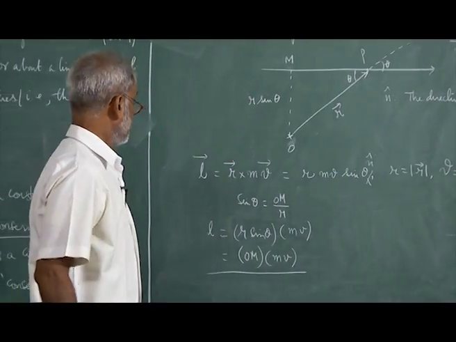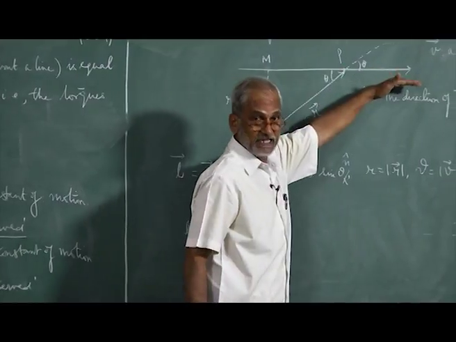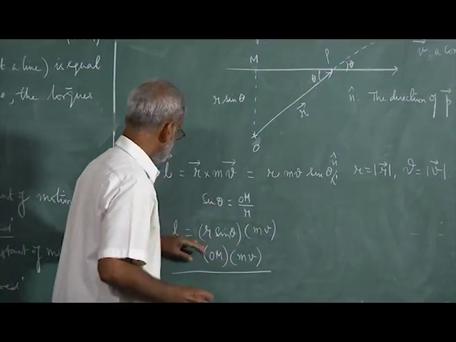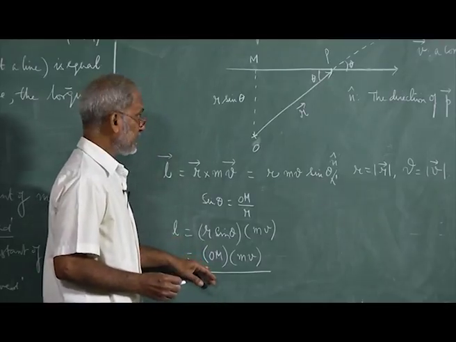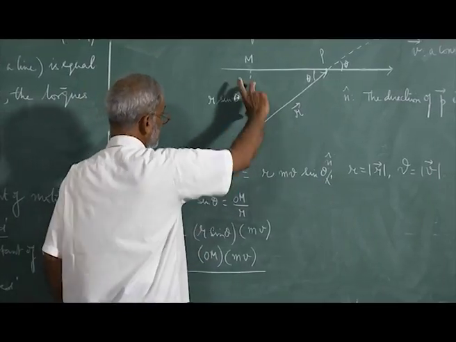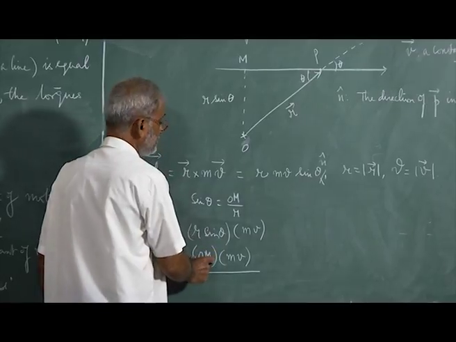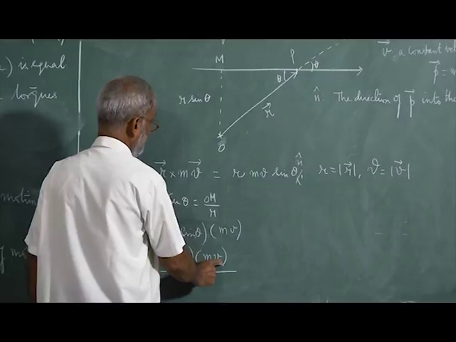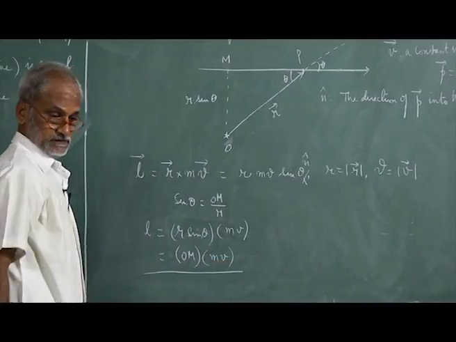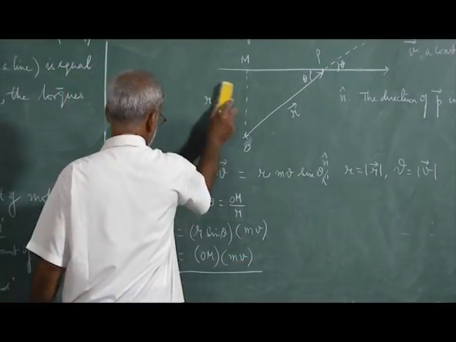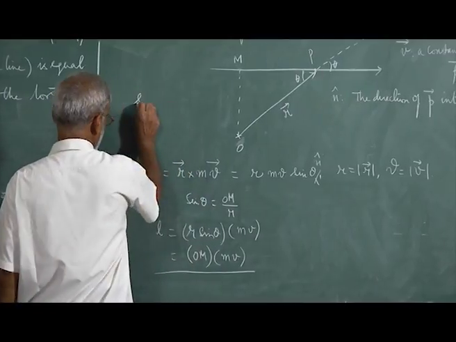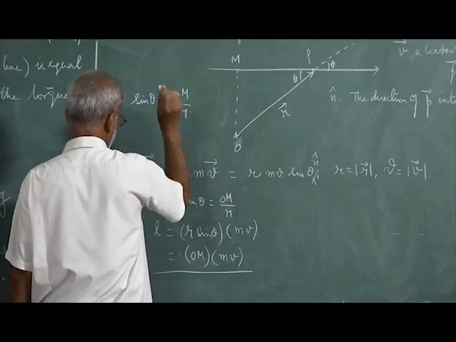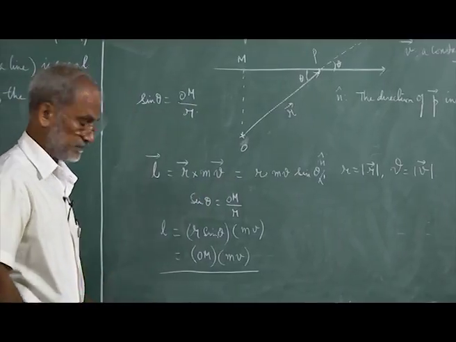The reason is, as the particle moves along the straight line, we have calculated the magnitude of angular momentum. Its magnitude is this particular length, Om times mv, right. So, this is sin theta is equal to Om by r, that is what we have done.